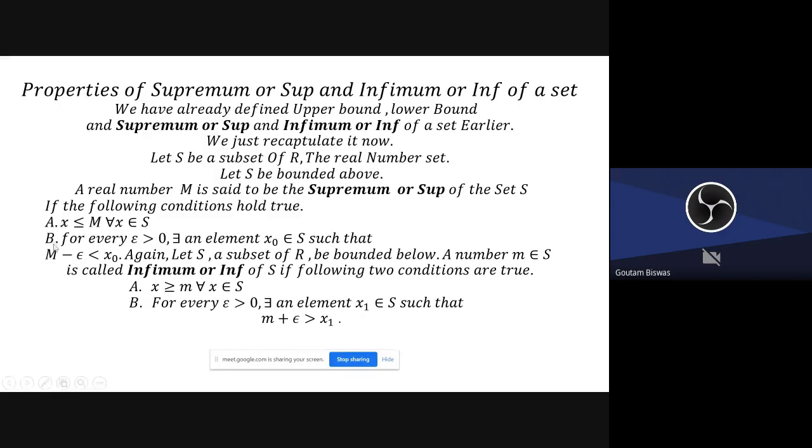So any number x within the set will be less than or equal to M. And second one is that for all epsilon greater than 0, there exists an element x0 such that if you subtract epsilon from M, you will get a number, and x0 will be greater than M minus epsilon.